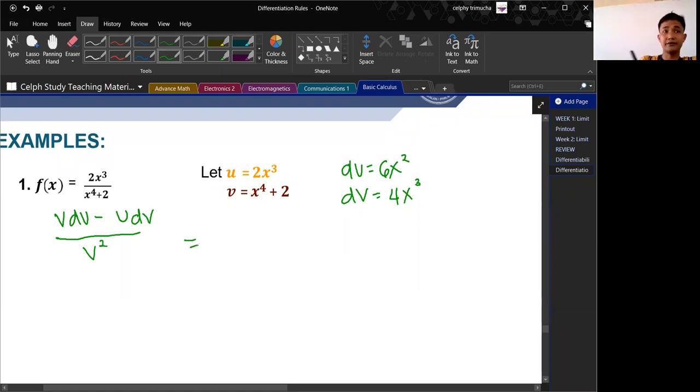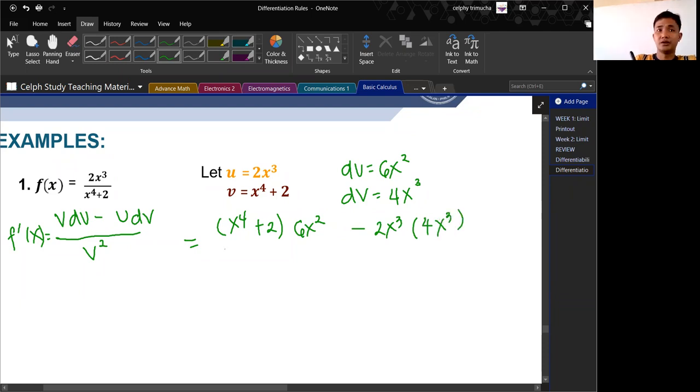So substitute lang natin, we will have f prime x is equal to v, which is x to the fourth plus 2, multiply sa du, which is 6x squared, minus u natin, which is 2x cubed multiplied sa dv natin, which is 4x cubed, all over v squared naton, v which is x to the fourth plus 2. So then butangan naton squared.